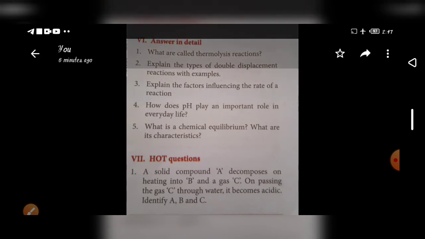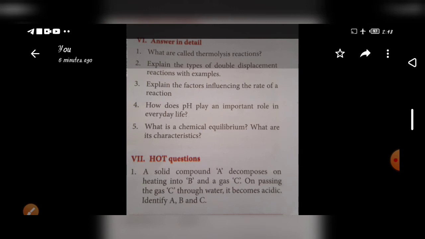After that, activity 10.5 you strike out. Neutralization reaction, from the first up to the first example, that is NaOH plus HCl gives NaCl plus H2O, that is page number 143, A side, up to the first reaction it will be enough.